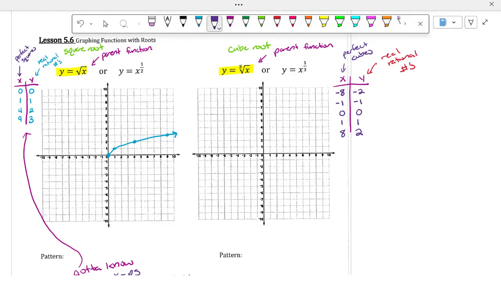So in reality, that table's pretty easy. You just start with negative 8, and then it essentially just repeats itself, but you change the negatives to positives. So if I graph this, I have negative 8, negative 2, negative 1, 0, 0, 1, 1, 8, 2. So the graph looks something like this.